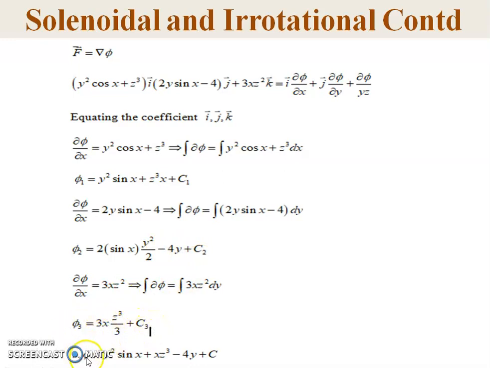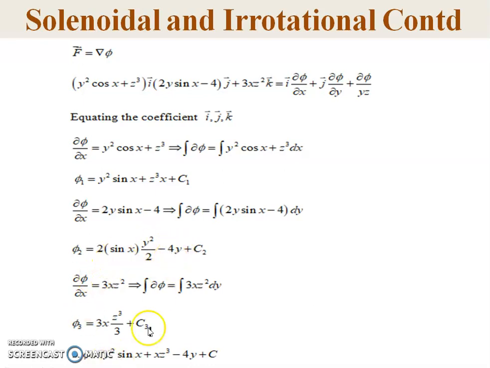So we are going to write the general function phi for this. Start from here. What is the first term? y² sin x, put y² sin x here. What about the next term? z³x, put it here. Now for the second function, we cancel and get y² sin x, which is already there, so don't put it again.